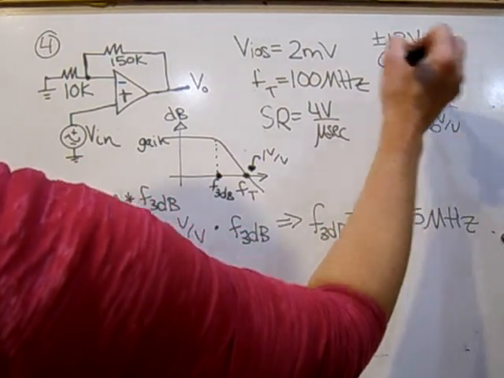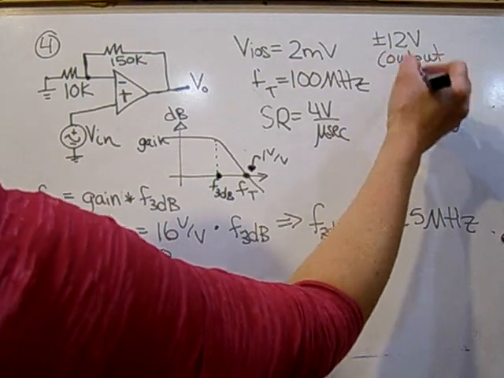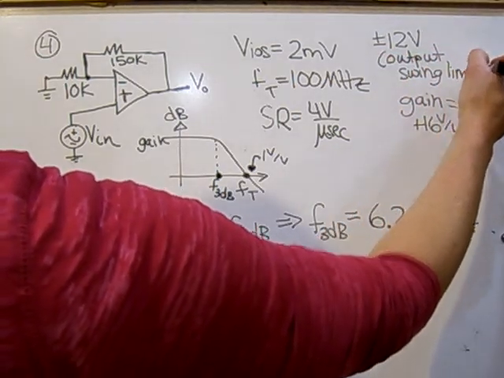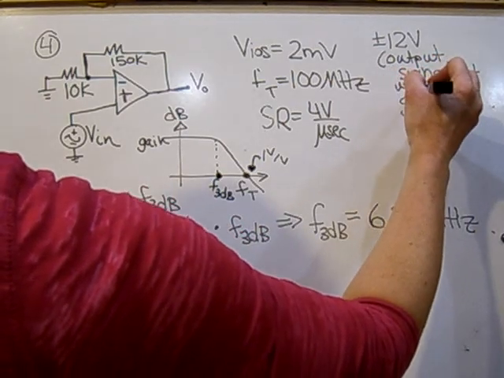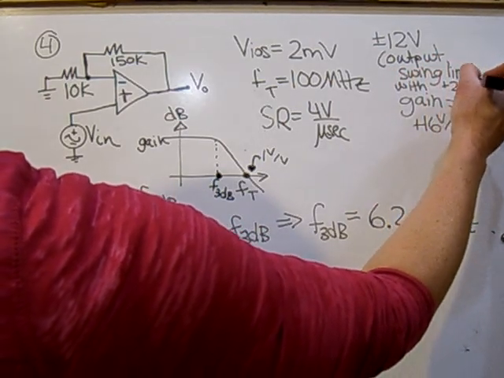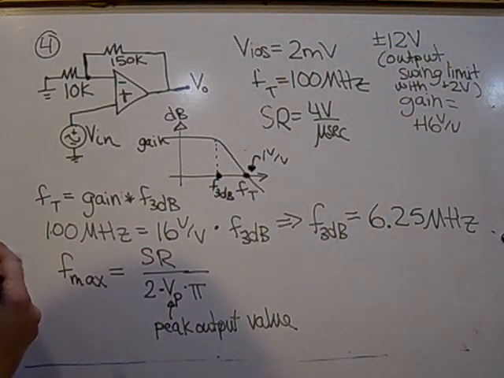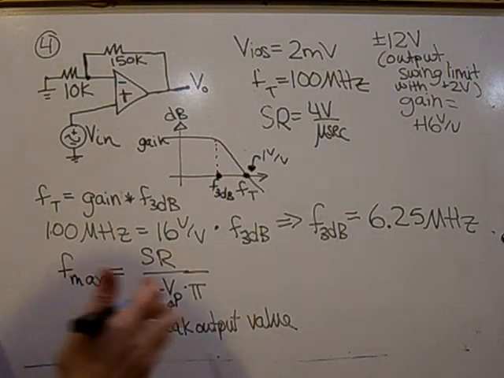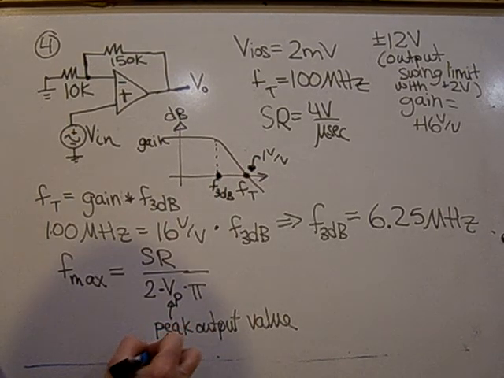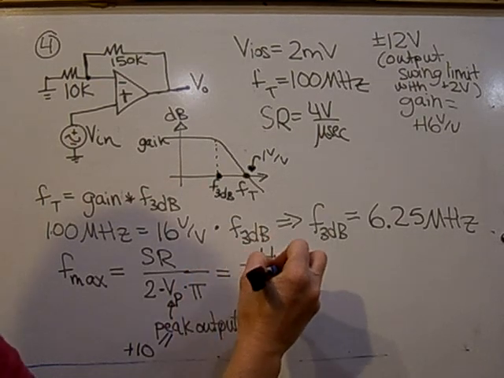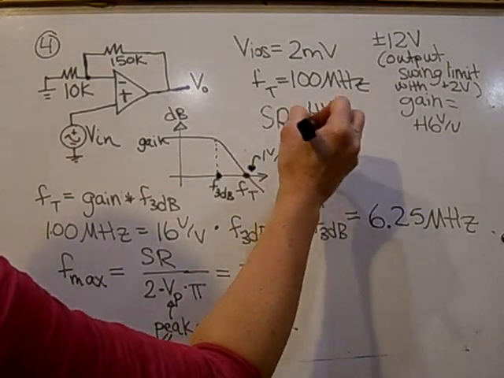Again, that's a typical thing you'll see on the data sheet: the output swing limit is within 2 volts, meaning the max output would be an amplitude of 10 volts. So in this case, we're going to put 10 in here. For the slew rate, it's 4 volts per microsecond.